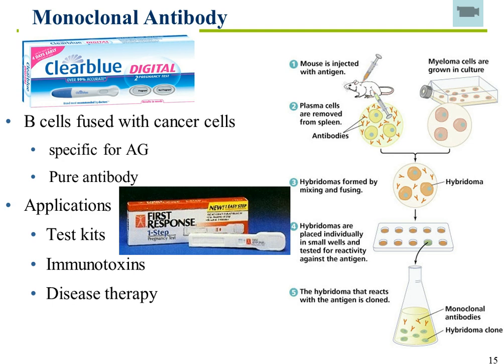That's called a hybridoma. You separate out these hybridoma cells. You find the particular B cell cancer cells that are making the antibody against the antigen you're interested in. You purify them, you grow them, and you now have large amounts of pure antibody that you're interested in using.